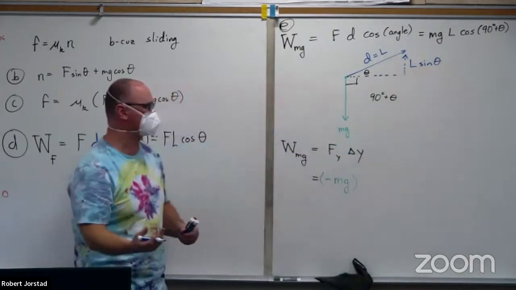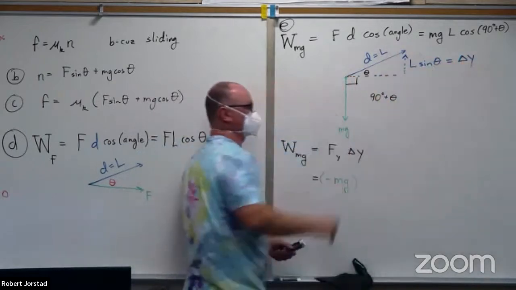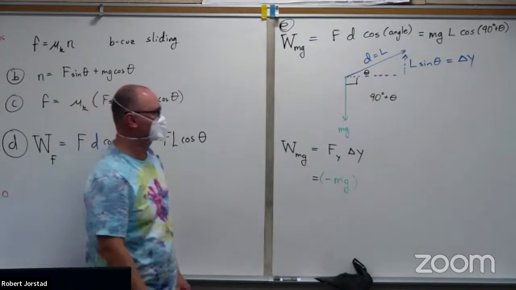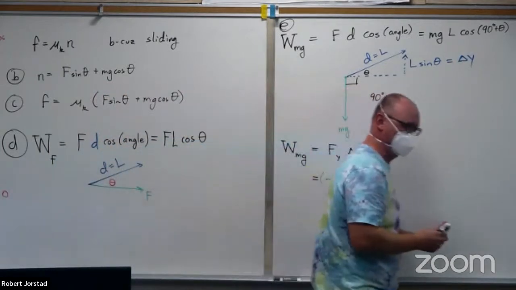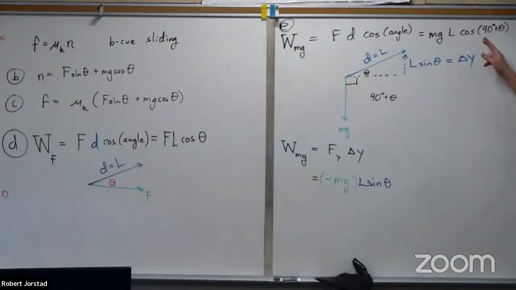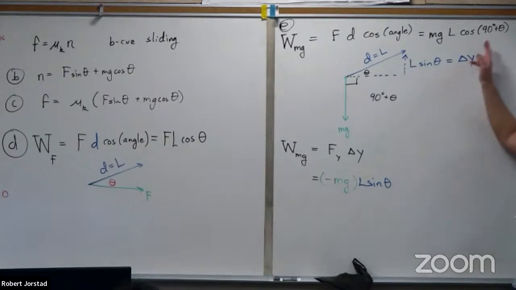Do you agree the change in the y direction is right there screaming out in that triangle? And now, I guess I just learned myself a trig identity. Look at that. It looks like cosine of 90 plus theta is negative sine theta. Do you see it? These two must be equivalent.